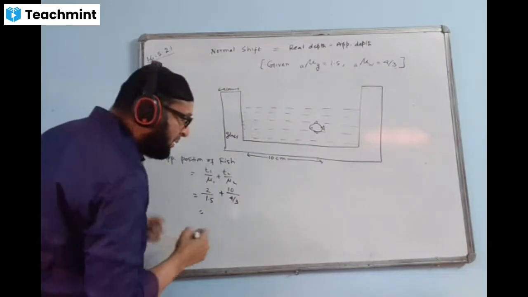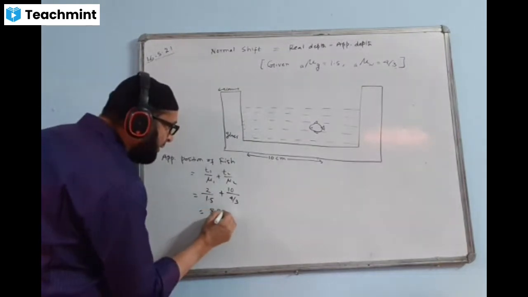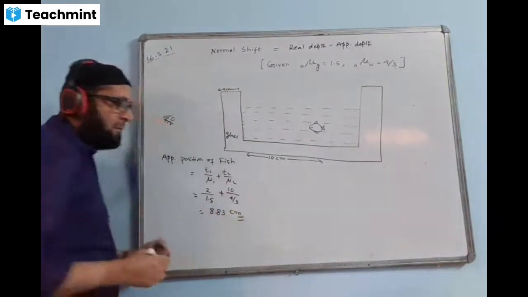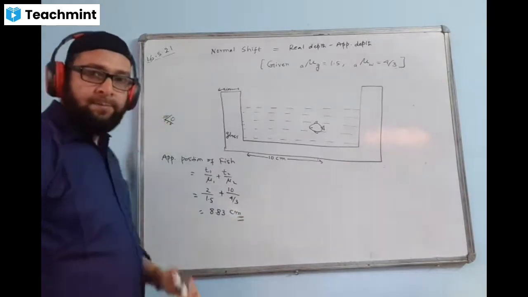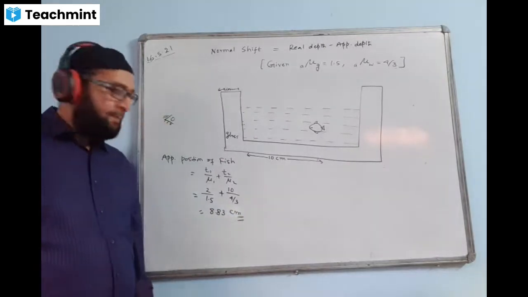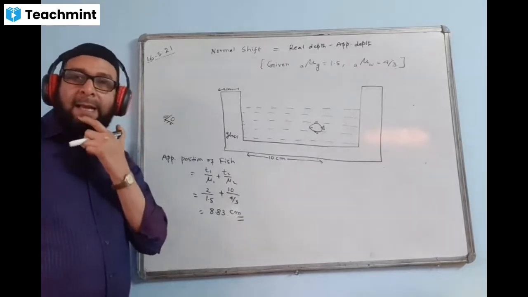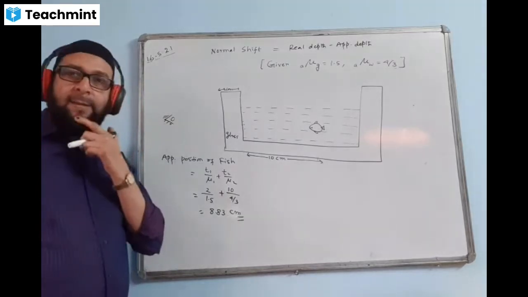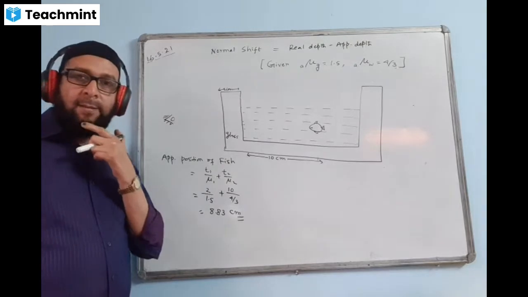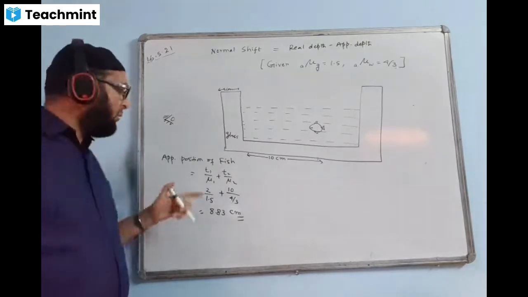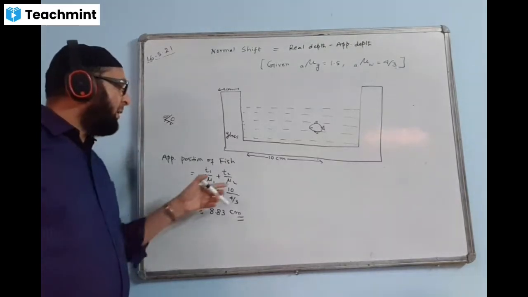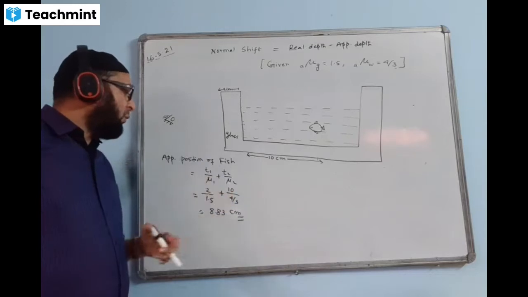I'm sure your answer will come here as 8.83 centimeters. That is the answer. You can use a calculator. 2 by 1.5 you can do separately. This will come 30/4.